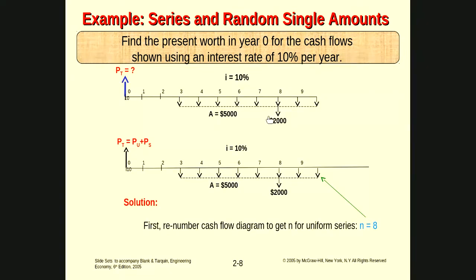The single value, you can move it around the cash flow wherever you want, as long as you do the bracket formulation correct. F given P or P given A or P given F and so on. So here we do F given P or P given F for the 2,000.